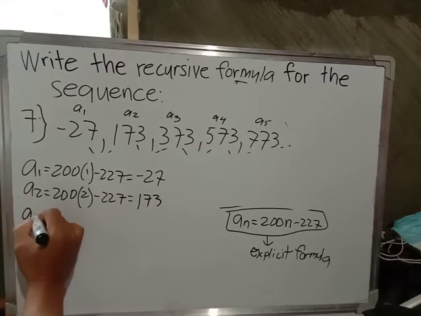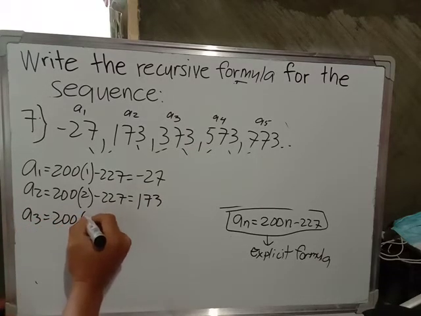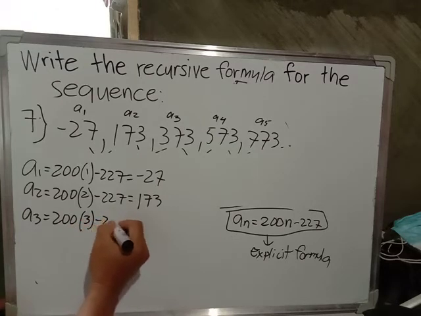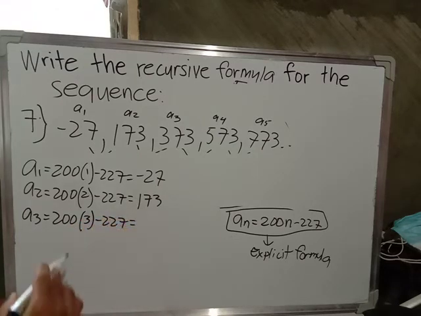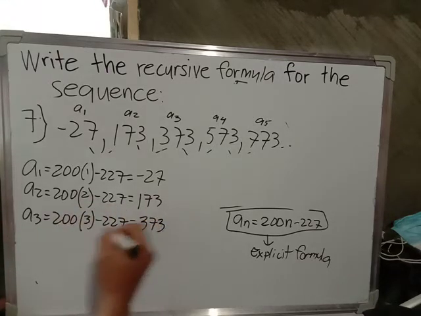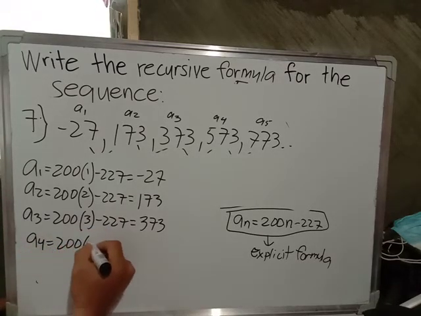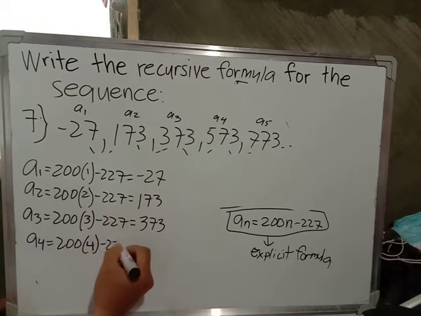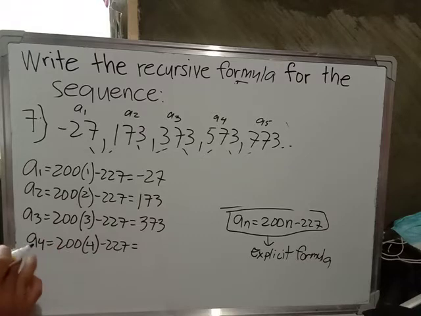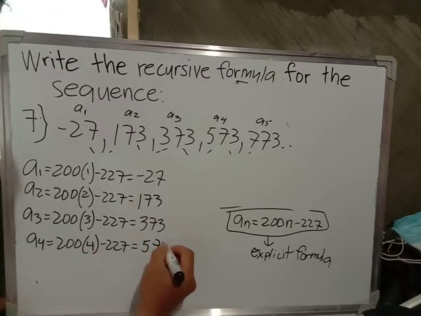Then a3 is equal to 200 times 3 minus 227 is equal to 200 times 3 is 600 minus 227 is 373. And a4 is equal to 200 times 4 minus 227 is equal to 800 minus 227 is equal to 573.